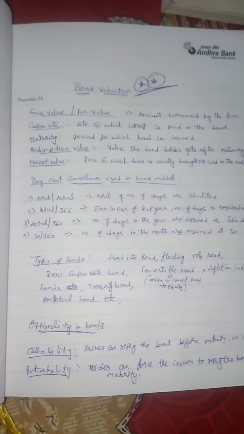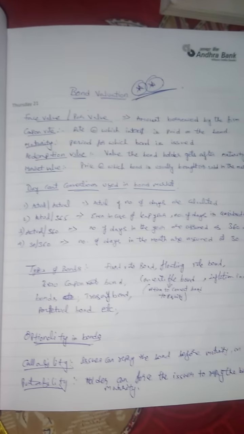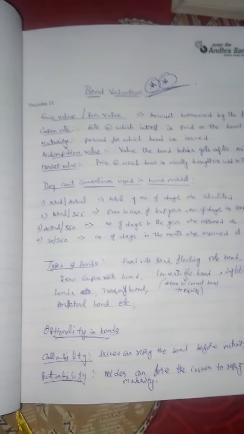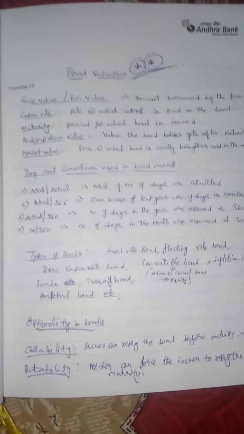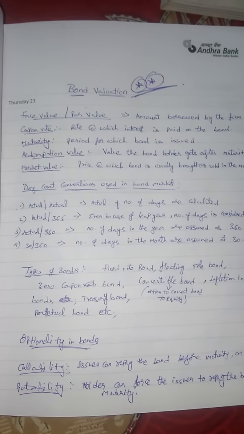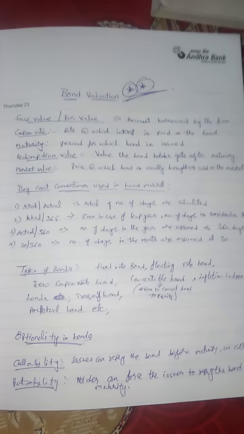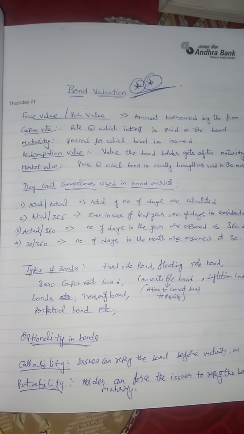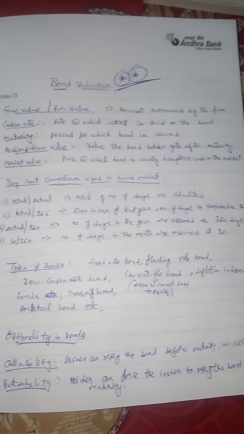If I am issuing a bond of 100 rupees, my face value of the bond is 100, that is, the 100 is being borrowed by the firm. Next is coupon rate. Coupon rate is the rate of interest which is paid on the bond. Maturity period is the period for which the bond is issued, say 3 years, 1 year, 4 years.